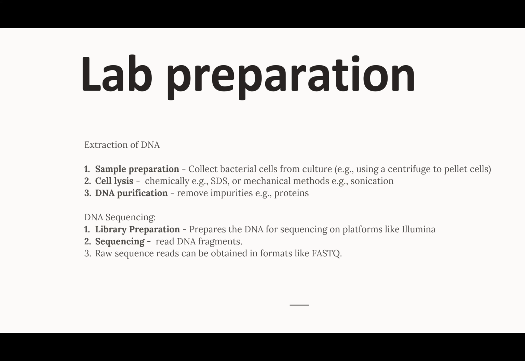And then after that, you can sequence. So this means you read the DNA fragment so that you know the bases that make up the DNA. And then afterwards, you will obtain your raw sequence reads in formats like FASTQ, which is the most common format.